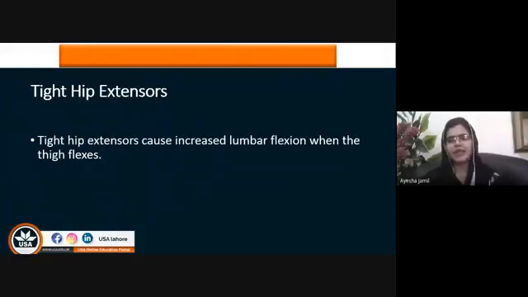It means that tightness of either of these muscles can cause abnormal movement at the lumbar spine. Obviously, the load is shifted towards the lumbar spine and might cause pain, decreased range of motion or abnormal movement in the spine.